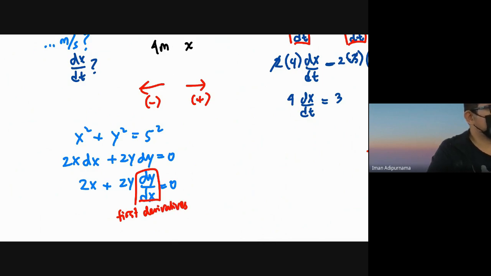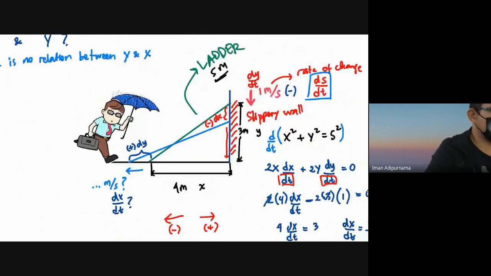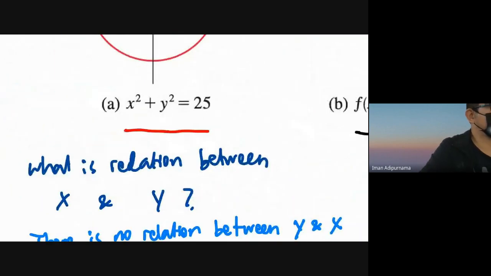Oh, can we do this thing in terms of our circle here? Okay, and that is exactly how implicit differentiation works.